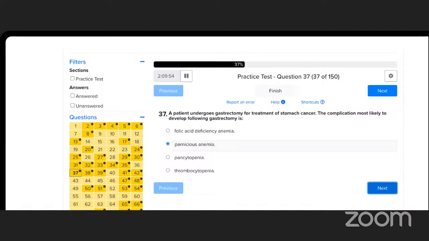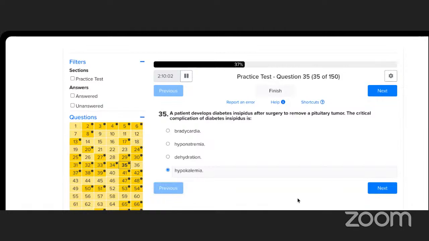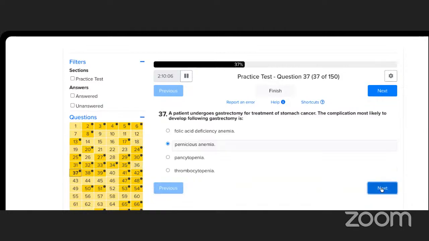Okay, we're at question number 37. A patient undergoes gastrectomy for treatment of stomach cancer. The complication most likely to develop following gastrectomy is which one?